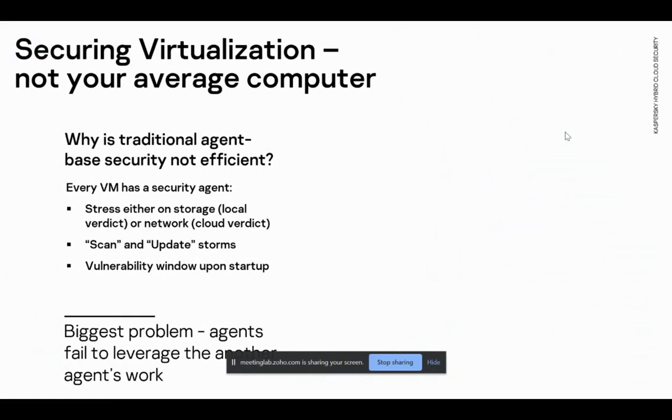If all your virtualized devices are scanning or updating at the same time, it can generate a scan and update storm. And every agent is on its own, so you don't know whether it is updated or not.